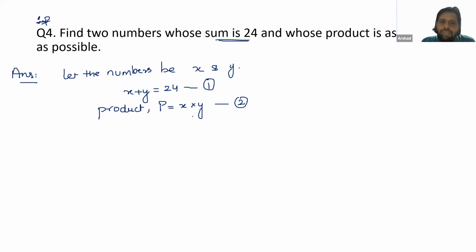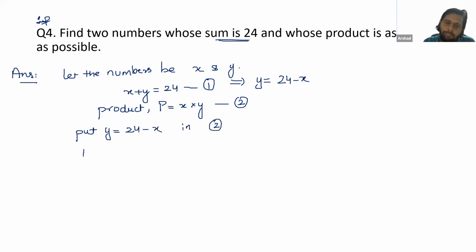So in the question, they will always give you some condition from which you can eliminate a variable. We have this condition x plus y is equal to 24. So from this, we can say y is equal to 24 minus x. Now put y equal to 24 minus x in 2.